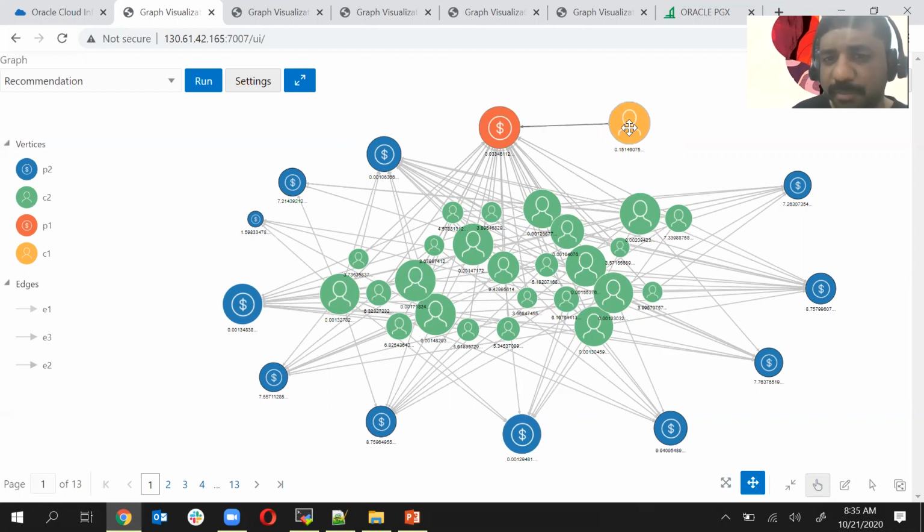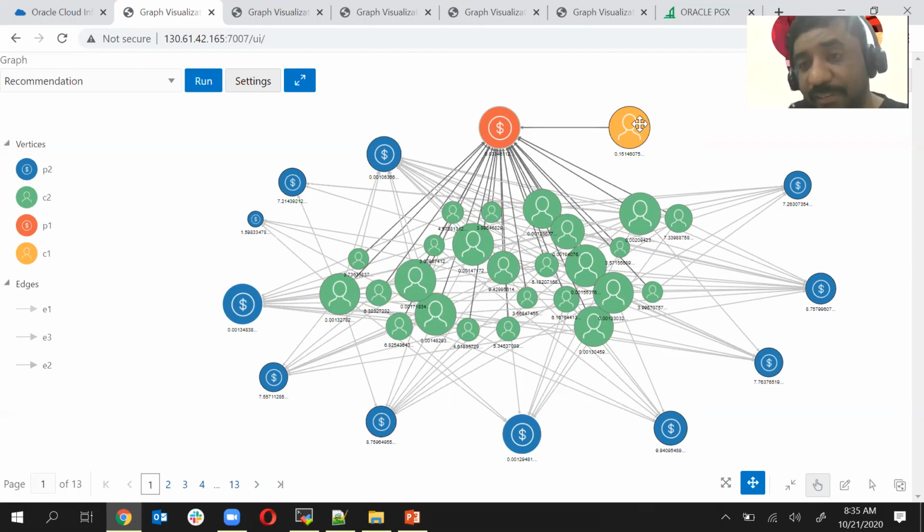This particular customer has leveraged a banking offer, which is the red node. And if we hover over the red node, we can see that it's not just the yellow customer, it's also the green customers who have leveraged that particular offer from the bank.